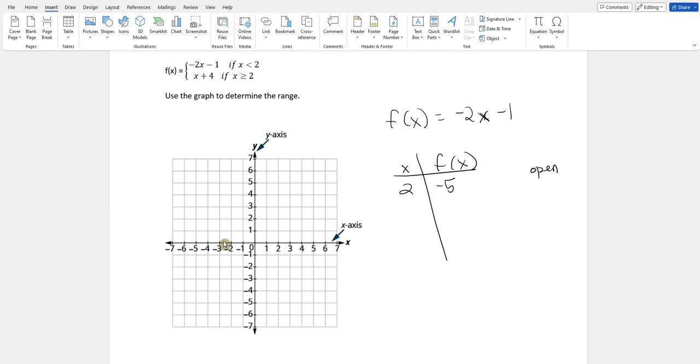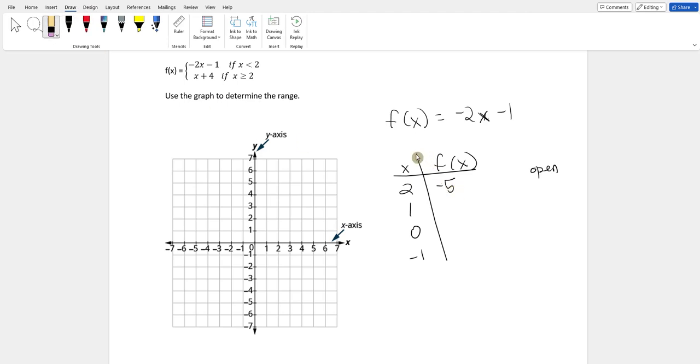And then I'm going to put in some more values. Remember, they have to be less than 2. If I plug 1 back in, I get negative 3. When I plug 0 in, I get negative 1. And when I plug negative 1 back in, I get 1.